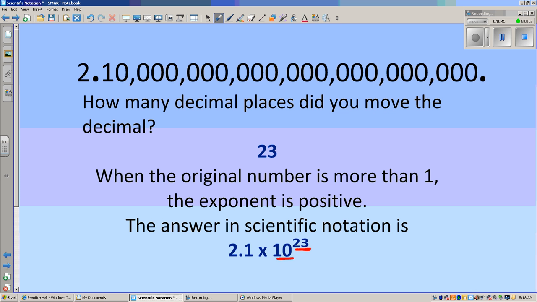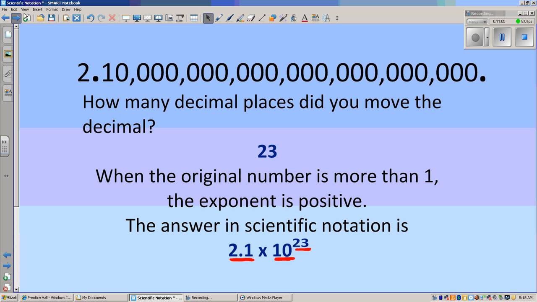This base will always be 10, and the first number, A, will always be a number between 1 and 10. It's that number where you moved your decimal to make it between 1 and 10.